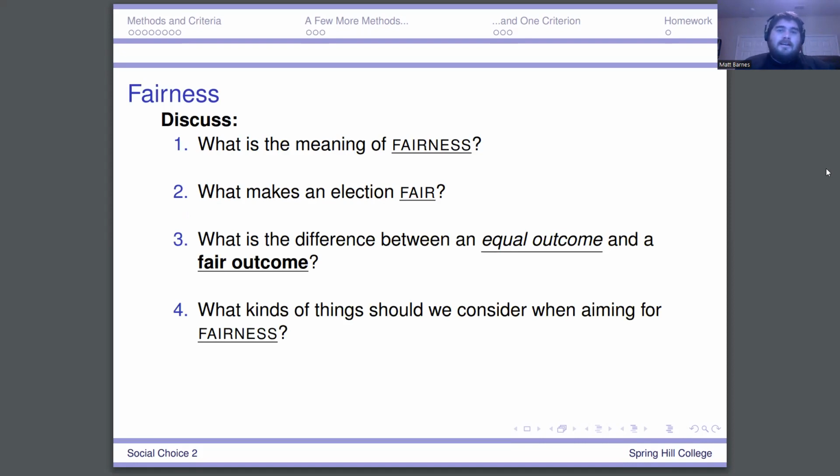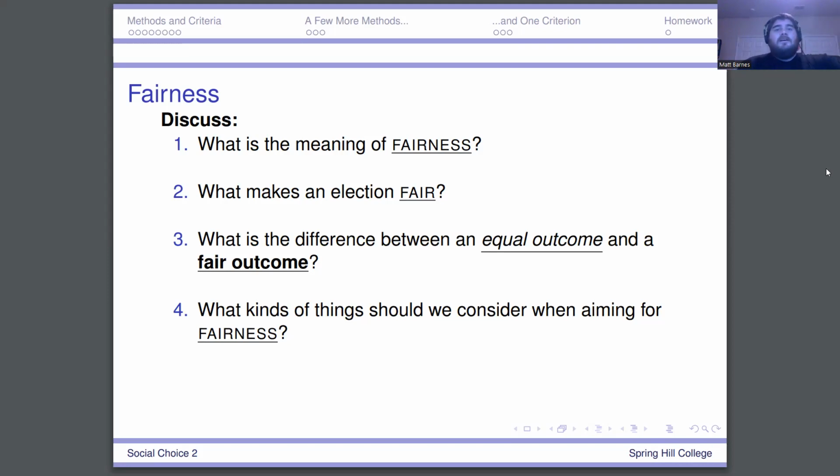As far as elections go, what would be the difference between an equal outcome and a fair outcome? So think about what those two things mean and what would be the difference between those two. And then start thinking about, now that you have an idea of what you think fairness is, what kinds of things would we want to aim for if we're trying to achieve fairness?